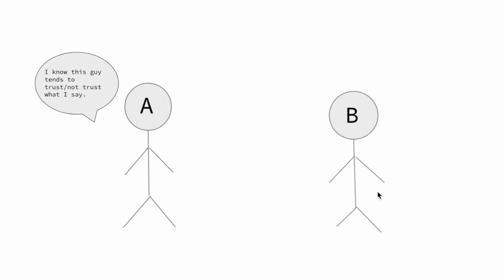So A knows that B is probably going to trust or not trust what he says. With all the above information, we can yield four different scenarios from the experiment.